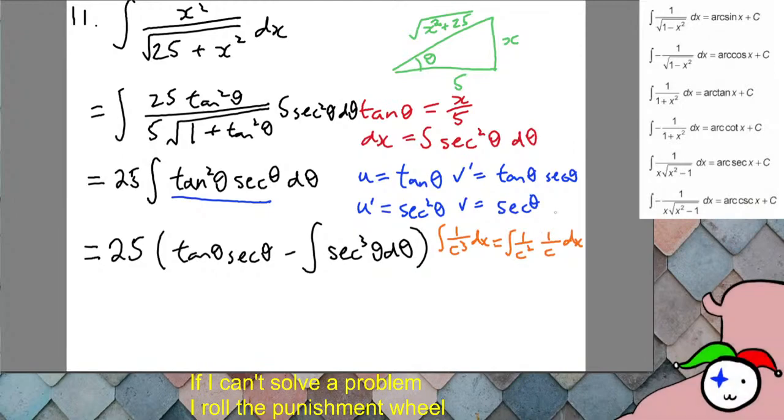If you use the product rule again, it would give you something like 1 over cos times sine over cos minus the integral of sine over cos times sine over cos squared.